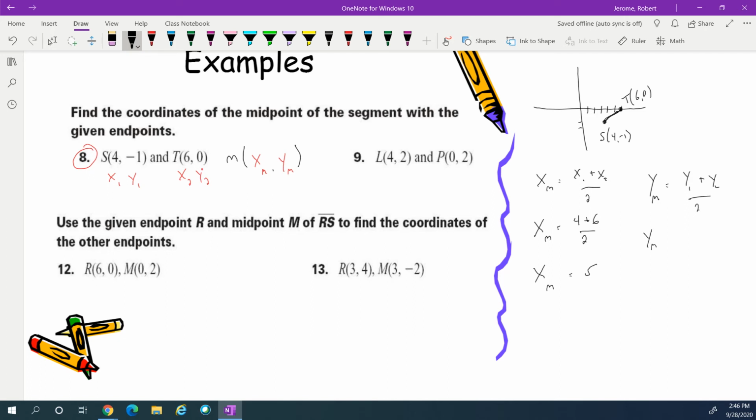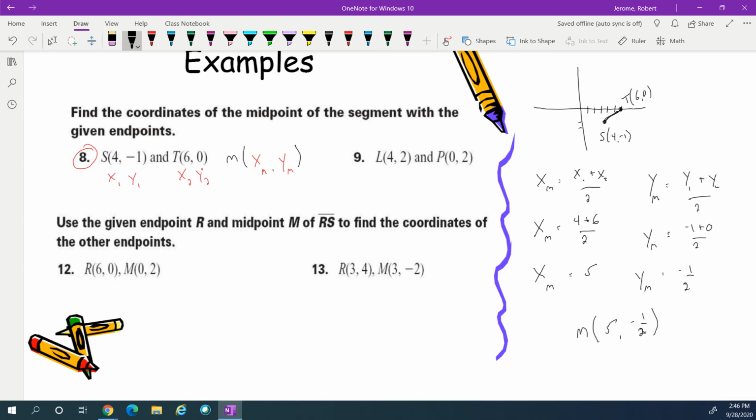So the y value of the middle, in this case, equals -1 plus 0 over 2. So ym equals -1/2. So my midpoint is 5, -1/2.